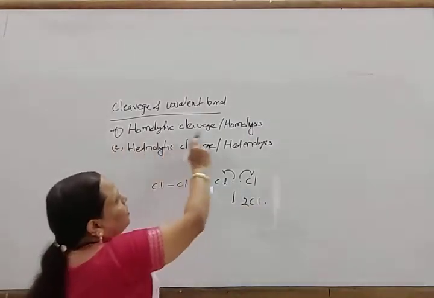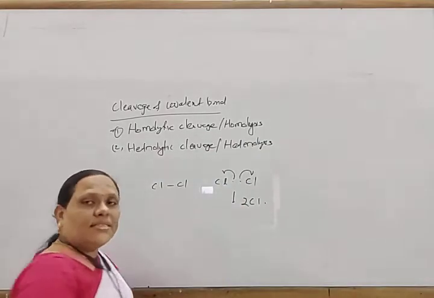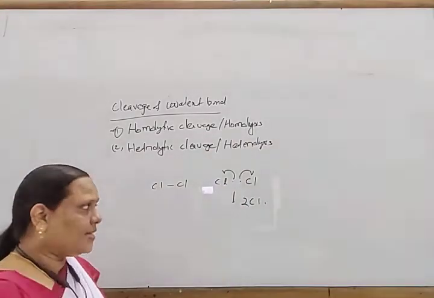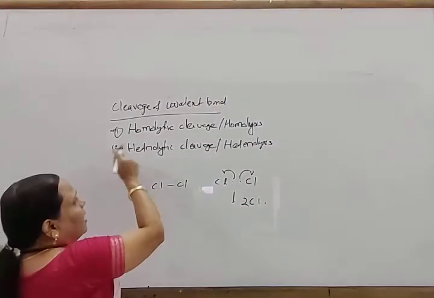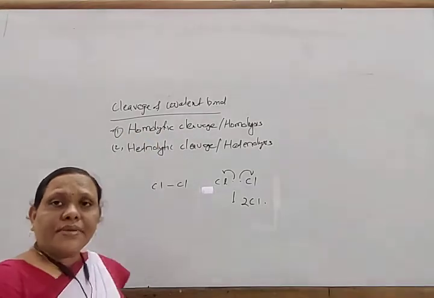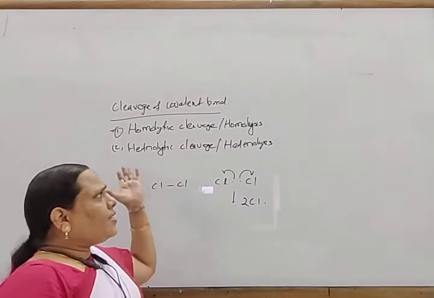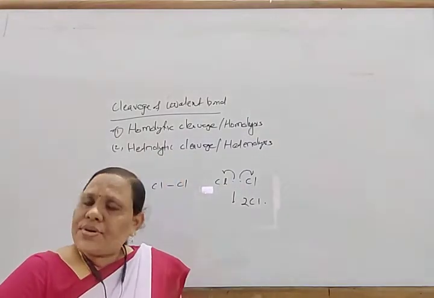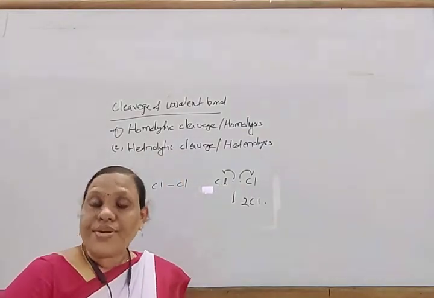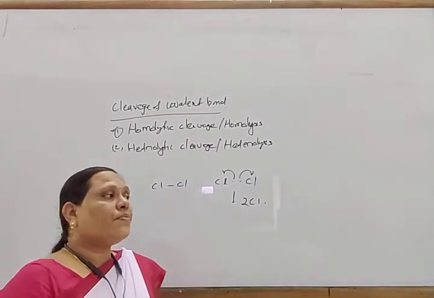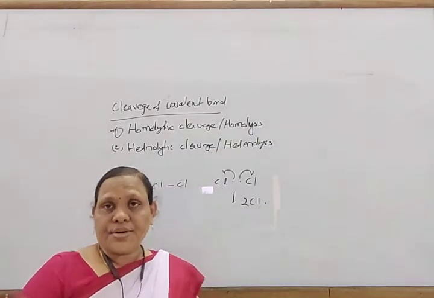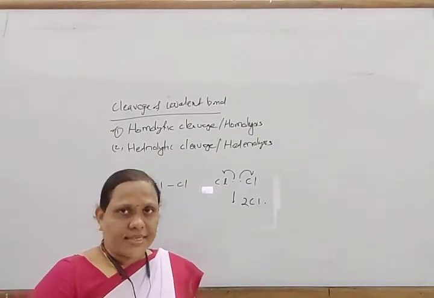So due to homolytic cleavage, free radicals are generally generated. This homolytic cleavage generally takes place in non-polar compounds, in the presence of sunlight, heat, or some free radical generator like peroxides.